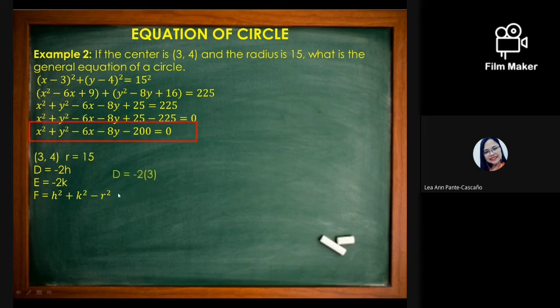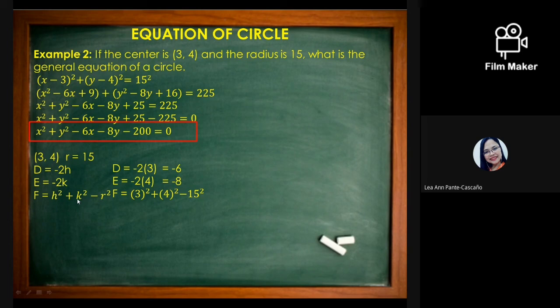So, let's substitute the value of h, which is 3. Negative 2 times 3 is negative 6. Our E is negative 2 times 4 equal to negative 8. Our F is equal to 3 squared, which is h.